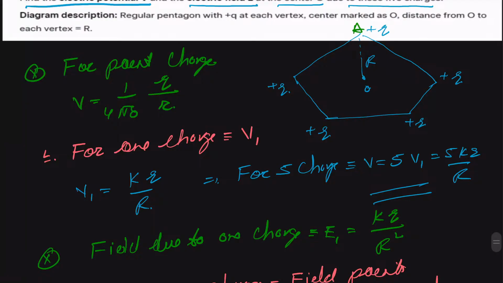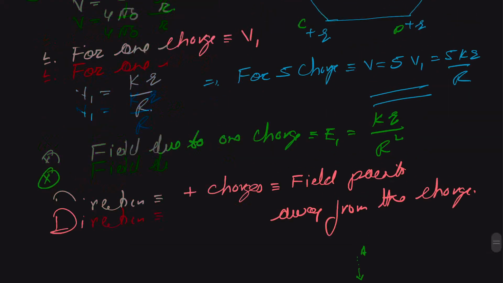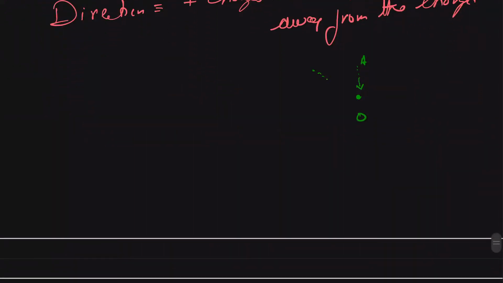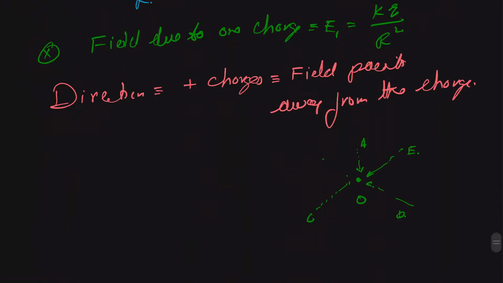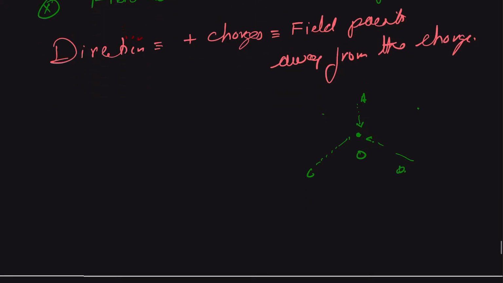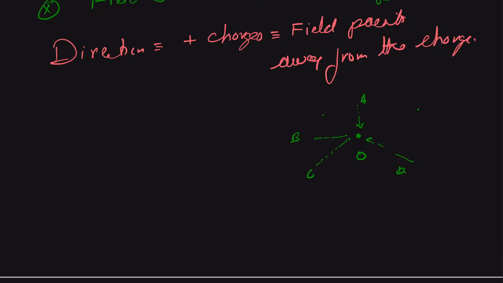This is A, B, C, D and E. Therefore this will be over A and B, and so this will be over B, this will be over C, and this will be over D, and this will be over E. So direction is important in this case. Okay.